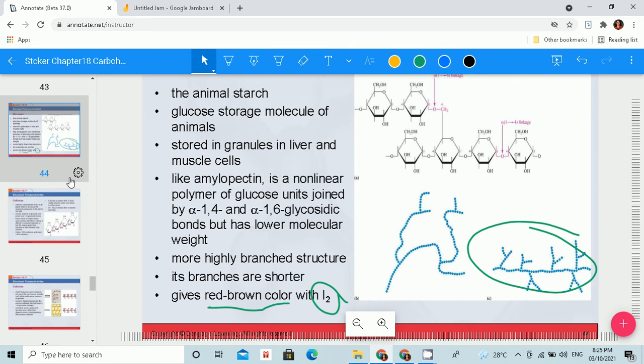Because again, our glycogen is a polysaccharide of glucose. It's the glucose storage molecule of animals.